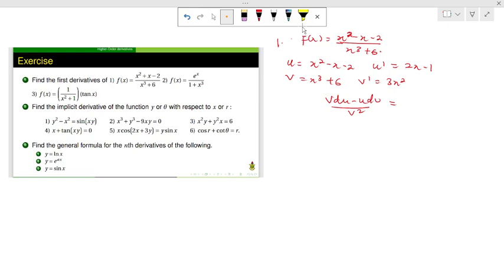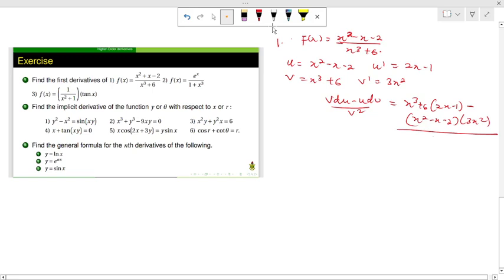What is our v? Our v is x cubed plus 6. Then our du is simply 2x minus 1. This minus our u, which is x squared minus x minus 2, multiplying our dv, which is 3x squared, all over the expression v squared, which is x cubed plus 6 all squared.